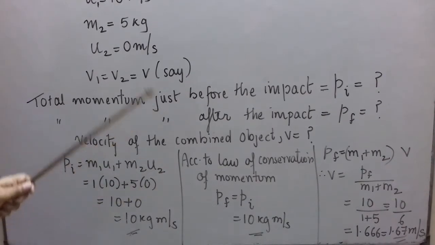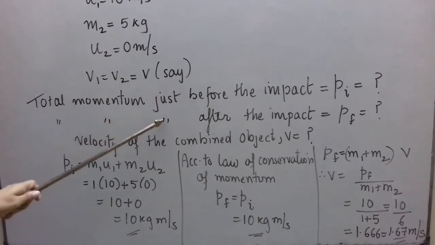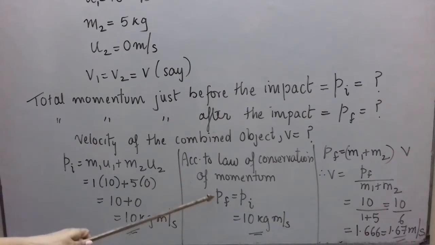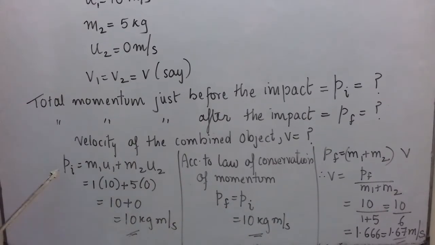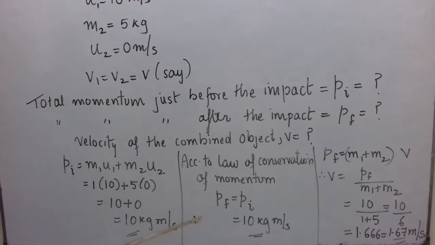Even if external force is acting afterwards, they have written total momentum just after the impact, so we can ignore it. So Pf is equal to Pi, the same 10 kg meter per second.